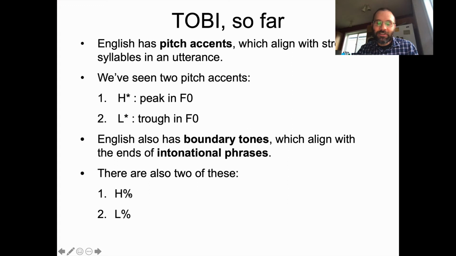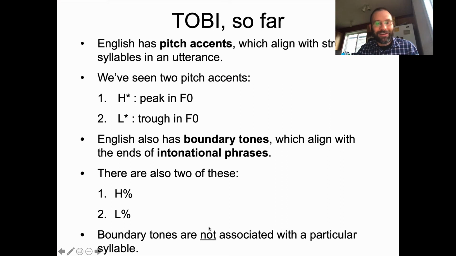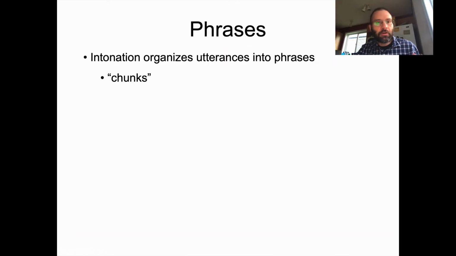There's an H percent sign and a low percent sign. The percent sign just means it's the end of an intonational phrase. It's a boundary tone, in other words. And again, this reiterates the point that these are not associated with a particular syllable. They're just associated with the end of the phrase, which generally speaking is always supposed to come at the end of a word.